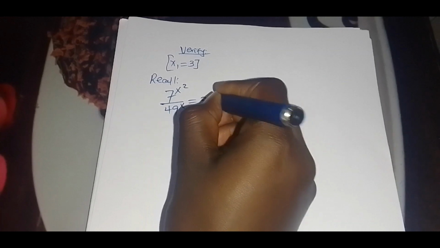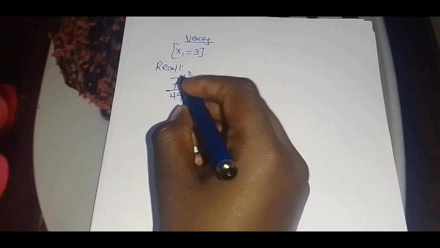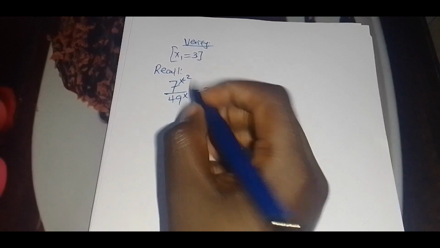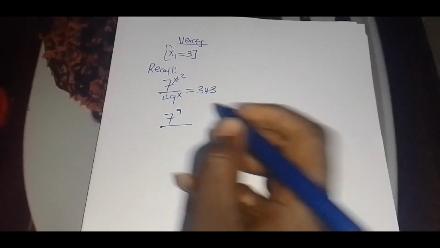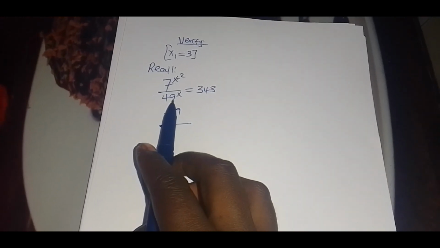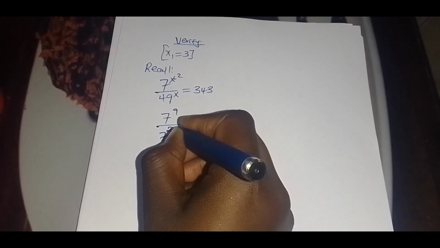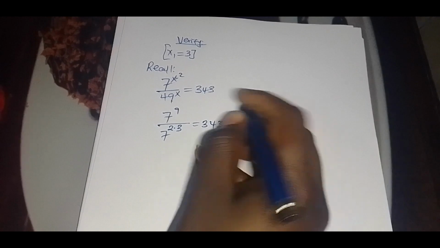This is supposed to give us 343. Okay, so now we can substitute the value of x. Remember, this is 3, so 3 squared is equal to 9. So this is 7 raised to the power 9 divided by, this can be expressed as 7 raised to the power 2 multiplied by x, which is 3. This is again supposed to give us 343.